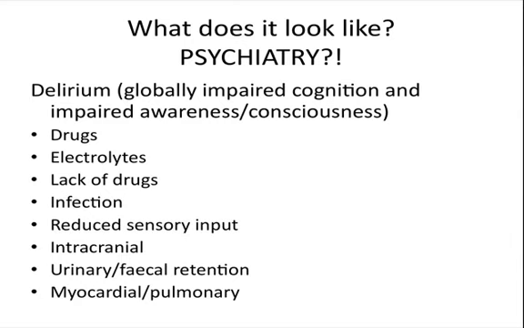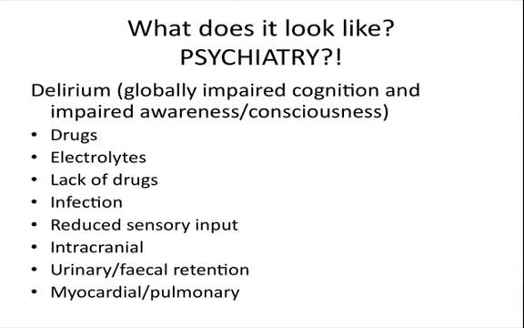Then you've got changes in electrolytes. Lack of drugs, say for example if a person is usually on a particular agent and then that's been removed. Infections causing a sepsis. You also think about UTIs in your elderly patients causing aggro on the wards because of an untreated UTI. Reduced sensory input, and this is what accounts for both med students and patients alike.